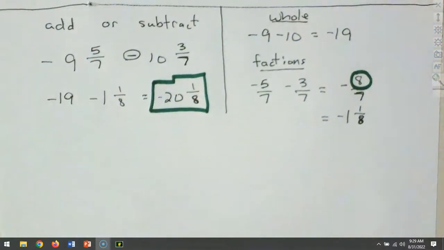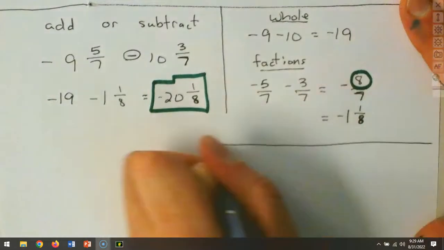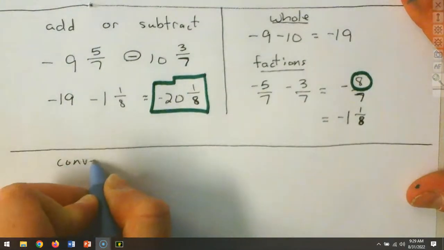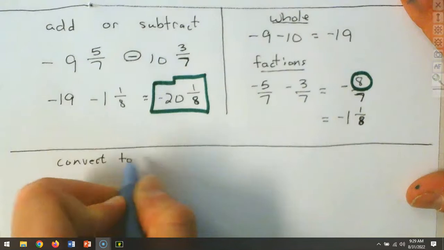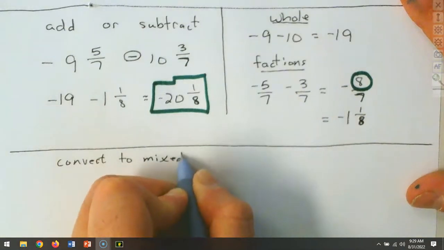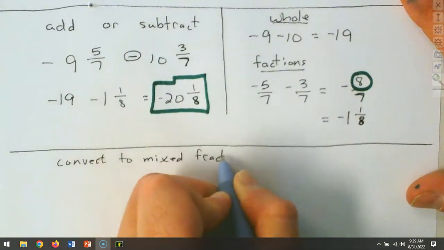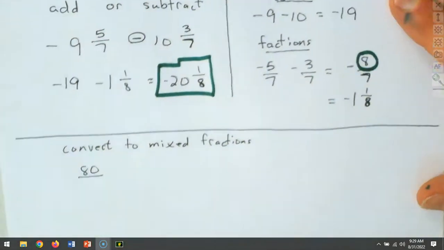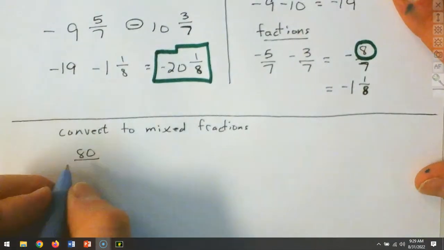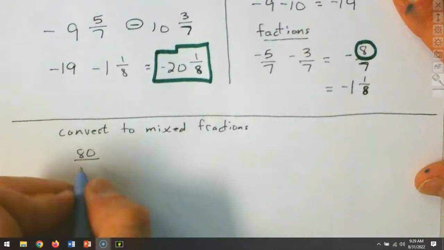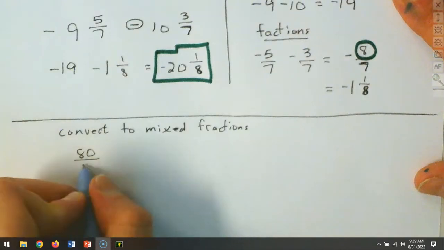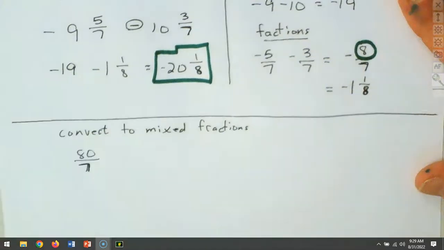Let's work with converting improper fractions to mixed fractions, just to make sure we can convert these. Let's say I give you 80 over 7.